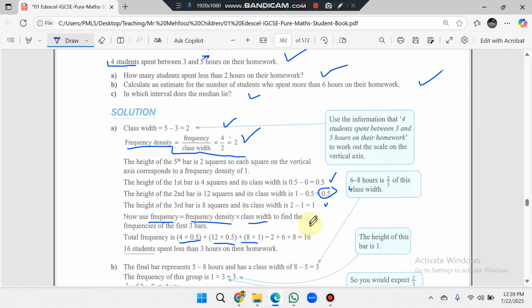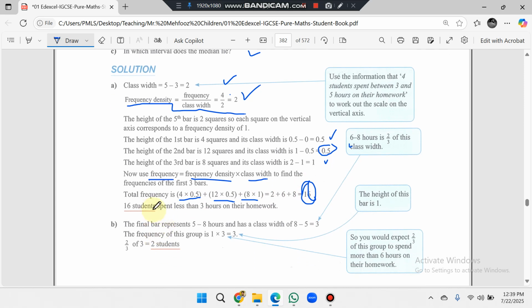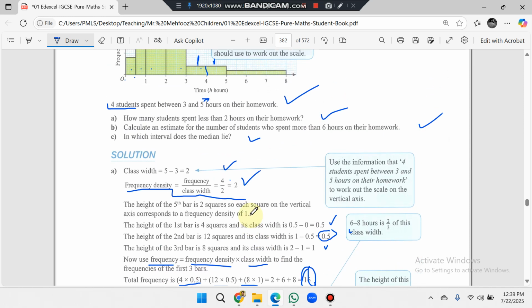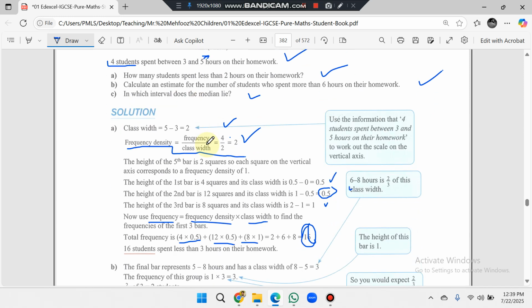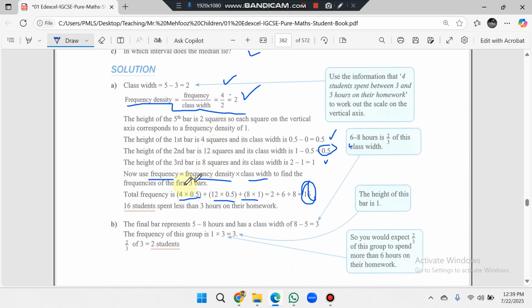So your answer will be 16, right? This is your answer. So it means that 16 students spend less than 3 hours on their homework. So this is the answer of part A.